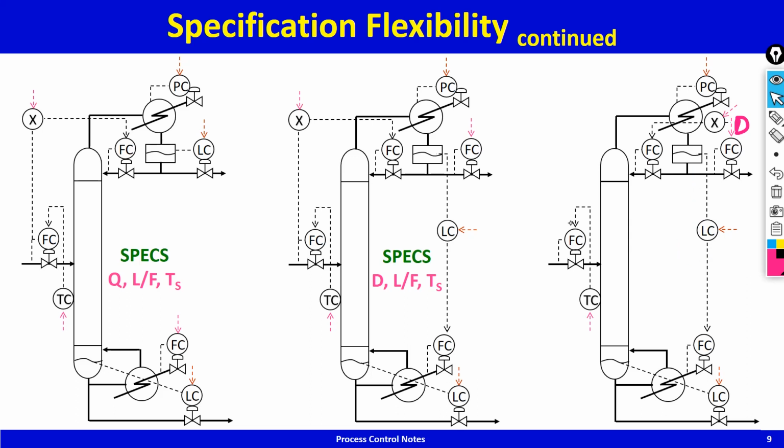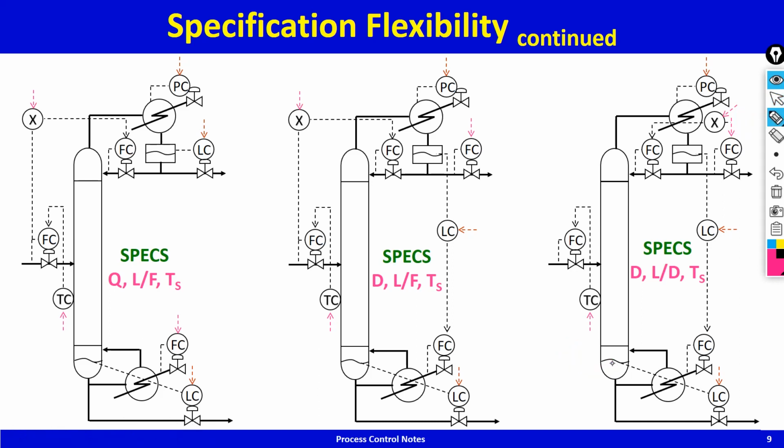So here in this case we have D, this guy is L by D, this set point, and then we've got T. These are the three specifications corresponding to the steady state degrees of freedom, and that's what is shown here.